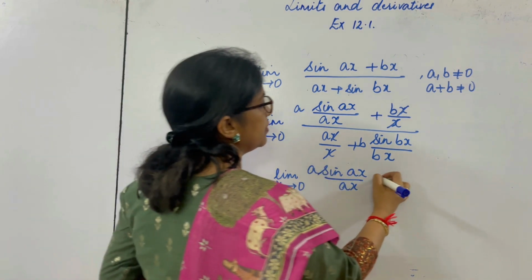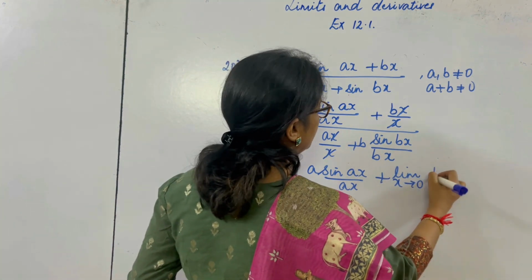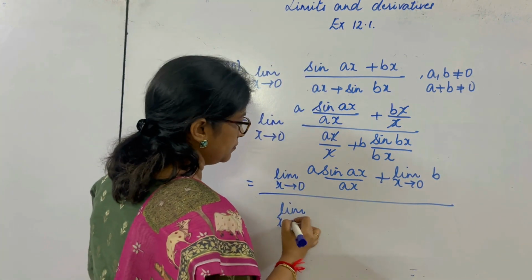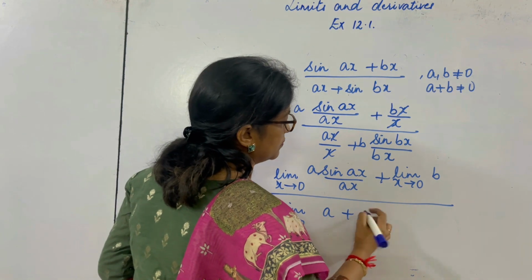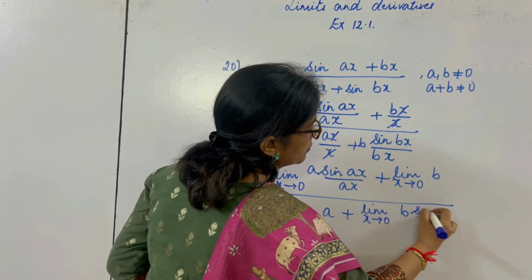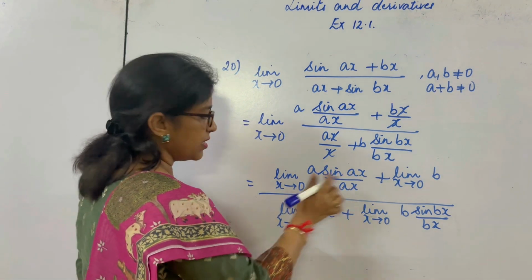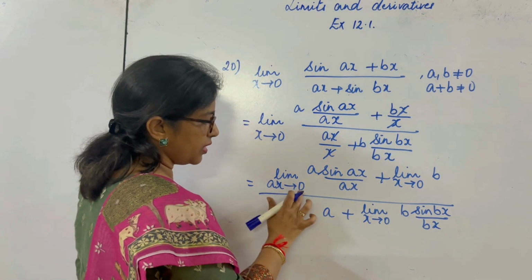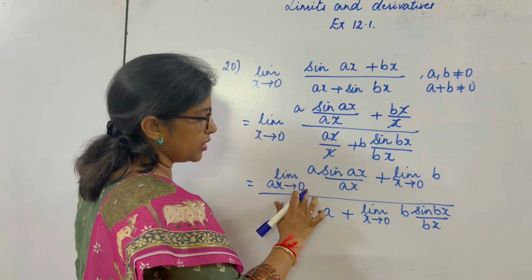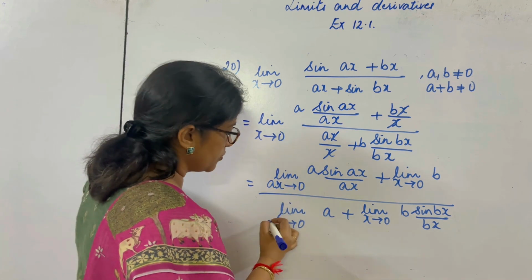And if you write the limit everywhere separately, it becomes like this. Okay, we have a here. Since the angle is ax, we can multiply with a. So x tends to 0, then ax will tend to a into 0, which is 0.